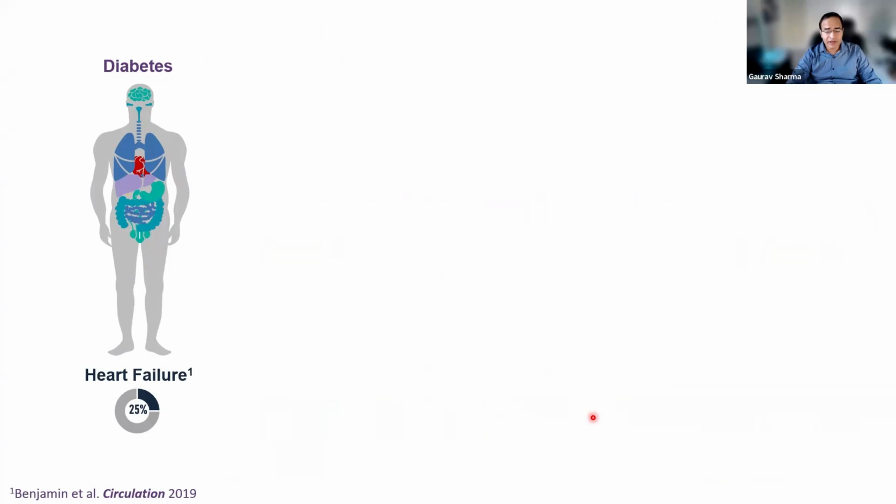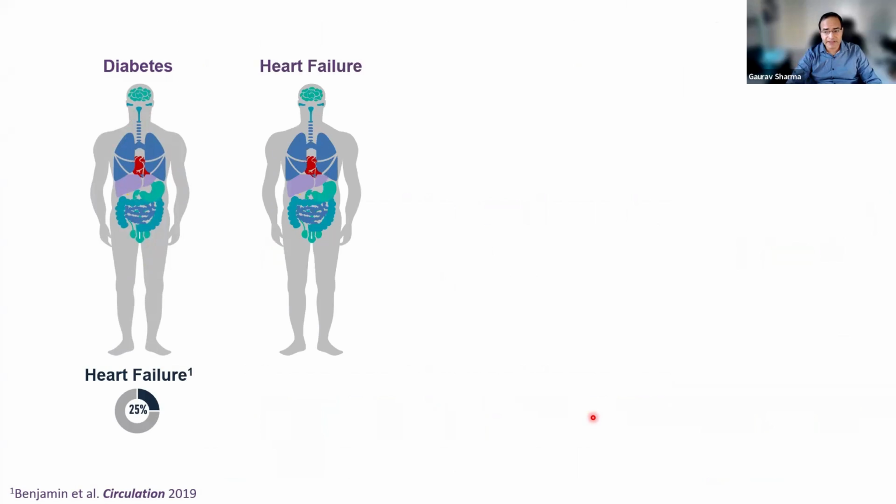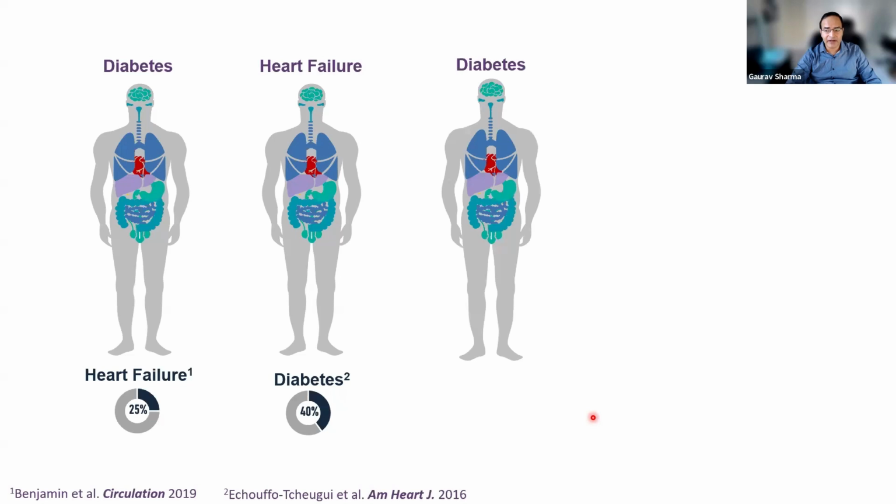And if heart failure is present, then the patient has diabetes at least 40% of the time. Whereas if you see a patient with diabetes, then non-alcoholic fatty liver disease, most recently renamed MASLD, which is metabolic dysfunction associated steatotic liver disease, is present at least 55% in the patient population. So what does it tell us?